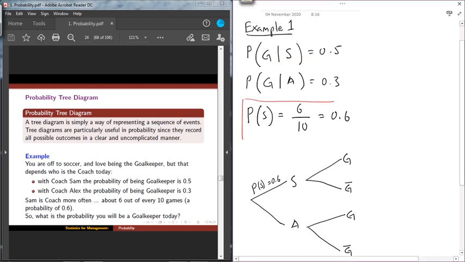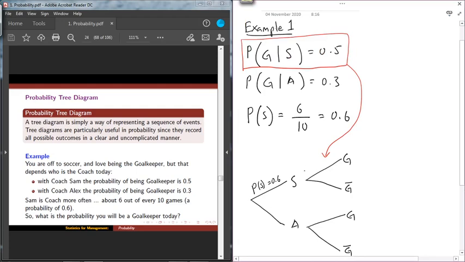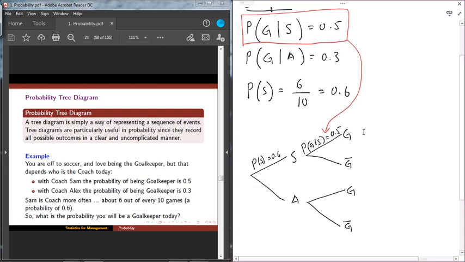This part is here, okay. That part is there. If Sam becomes the coach, you become a goalkeeper, will be here. Sam is coach, you become a goalkeeper, that would be 0.5. Alright.